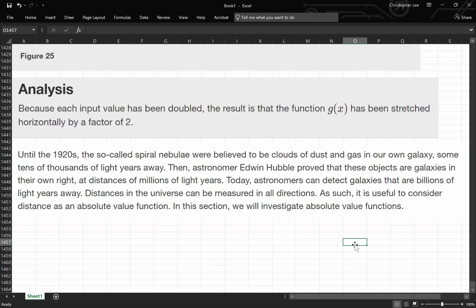Today, astronomers can detect galaxies that are billions of light years away. Distances in the universe can be measured in all directions. As such, it is useful to consider distance as an absolute value function. In this section, we're going to investigate absolute value functions. That's the last thing we're talking about today. Okay?